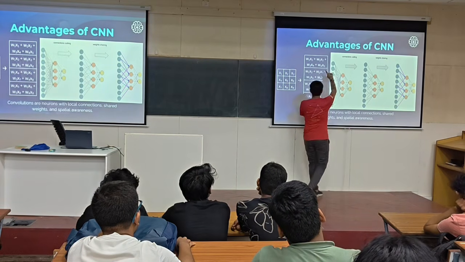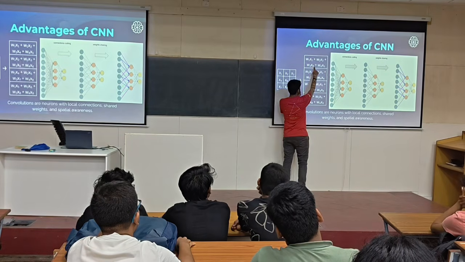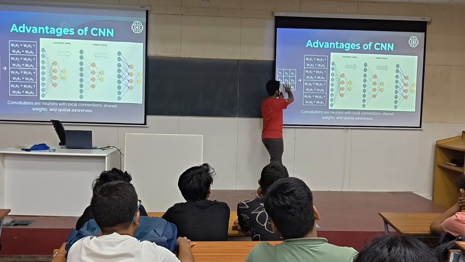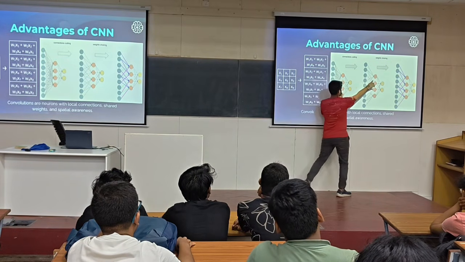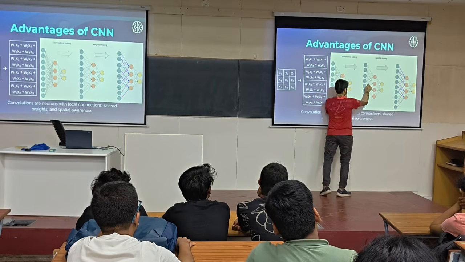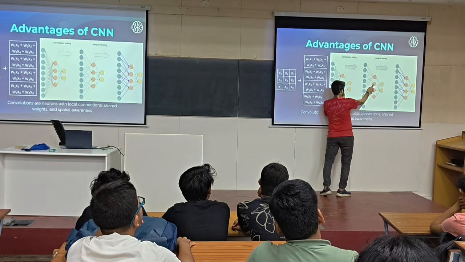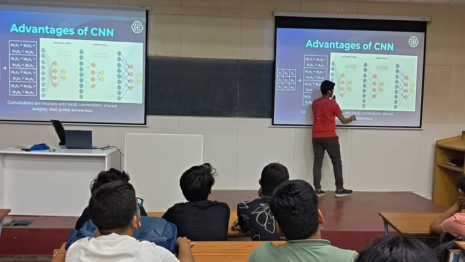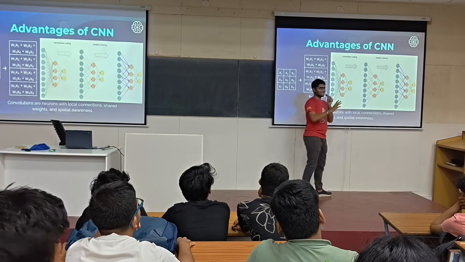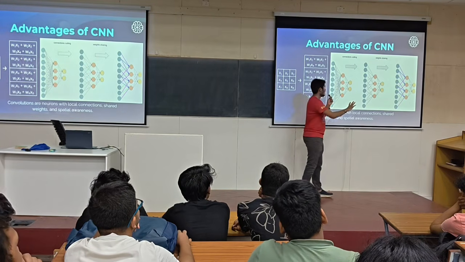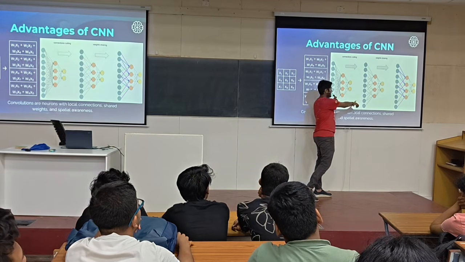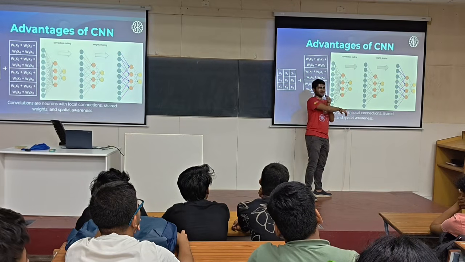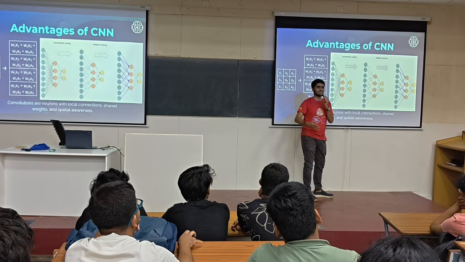Now each of these neurons is connected to only 4 of the cells: 1, 2, 3, 4, and this is also 1, 2, 3, 4. So we saved our parameters. We were saying we have so many parameters, how to train them.